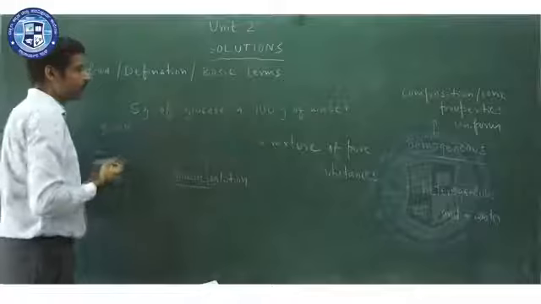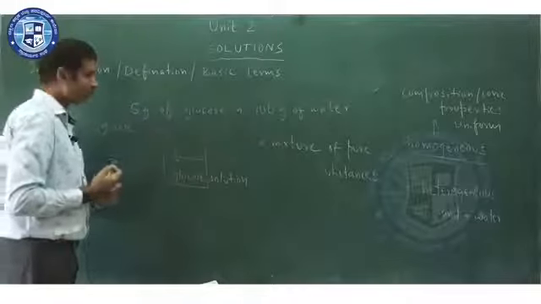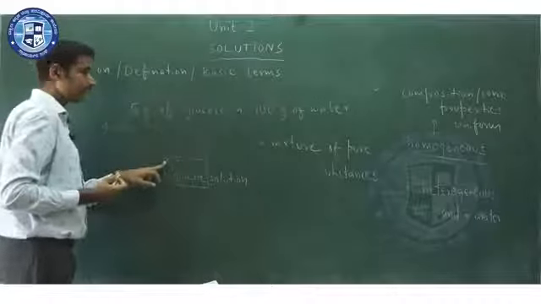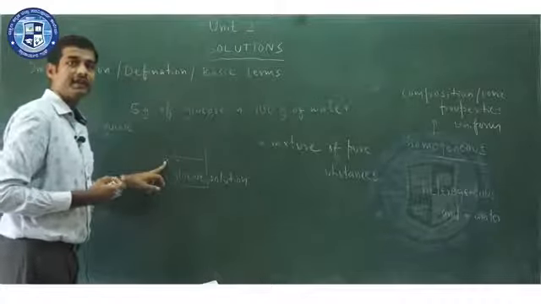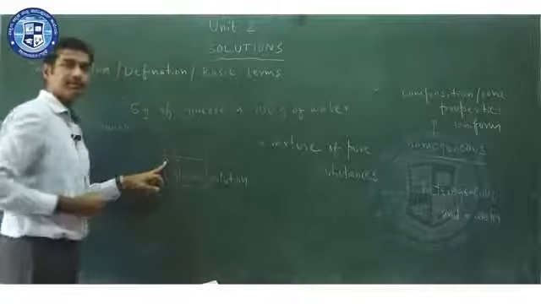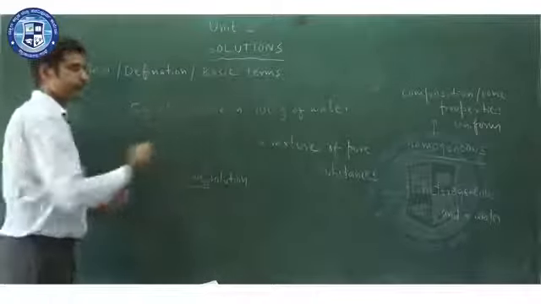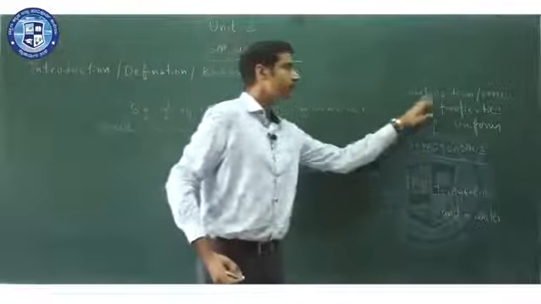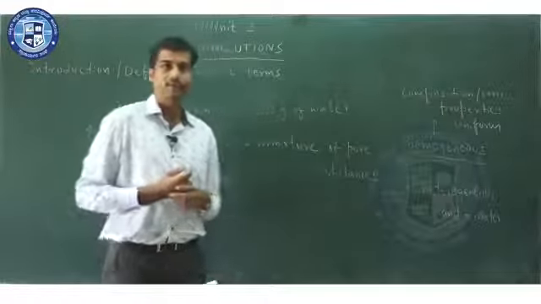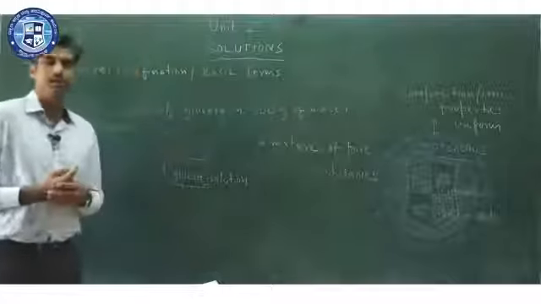This solution will form roughly 5% concentration. If I take this portion, then this is approximately a 5% solution. If I take this portion, even this is 5%. So there is uniformity in composition or concentration, and obviously the properties of such a solution also will be similar.